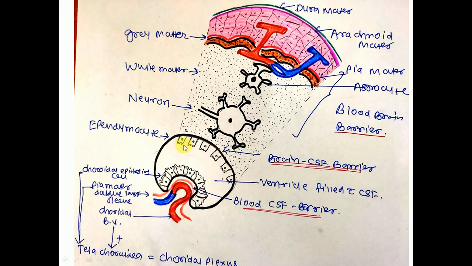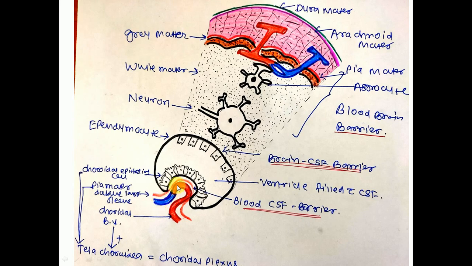Ependymal cell or ependymocyte, and this is the modified ependymocyte which is known as choroidal epithelial cell. Okay. And the ventricular cavity also has invagination of the double-layered fold of the pia mater and blood vessel. That blood vessel is known as choroidal blood vessel.